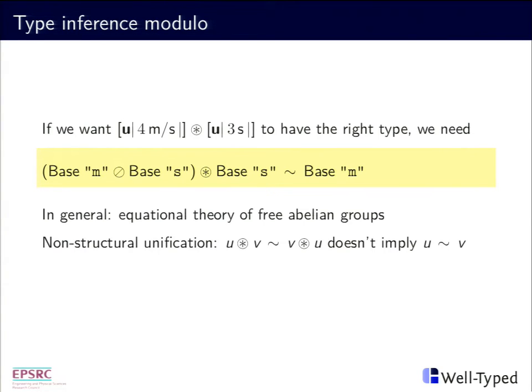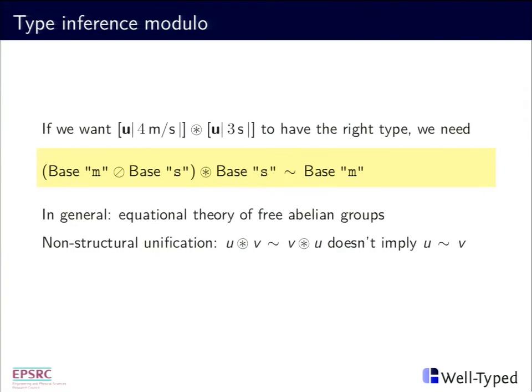But what's going on here? Why is it the case that if you multiply 4 meters per second by 3 seconds, you get something of the right type? Now, Jana helpfully illustrated the constraint solving process that was going on during type checking, and that's exactly what's happening here. So GHC is going to come up with a constraint that says, well, meters per second times seconds had better be equal to meters.